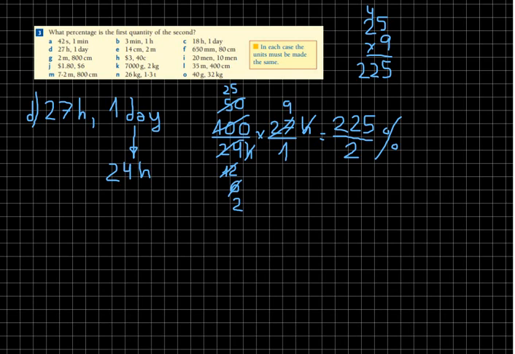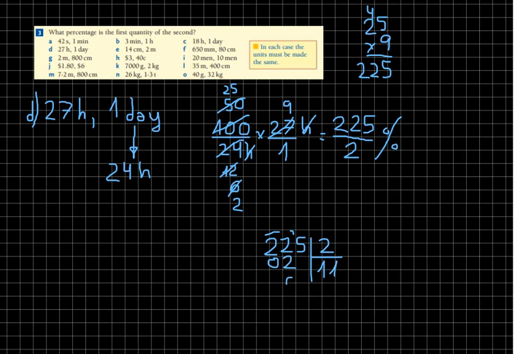But it is very unusual to see a percentage like this. So why don't we divide this fraction to see how much it is in fact, okay? 225 divided by 2. I can take the 2, and 1 times 2 is 2. To the 2, 0. I bring down 2. 1 times 2 is 2.